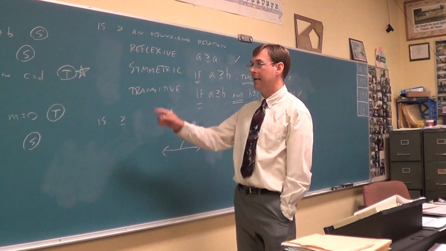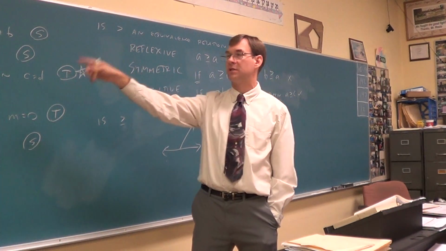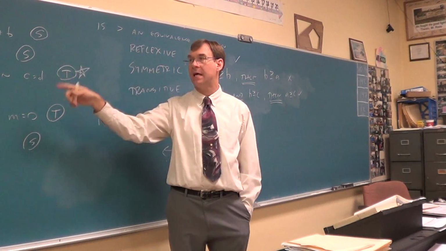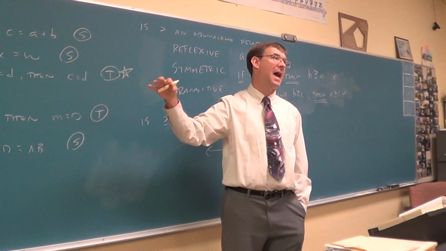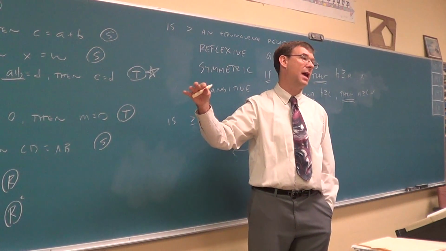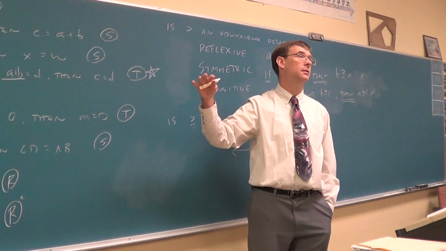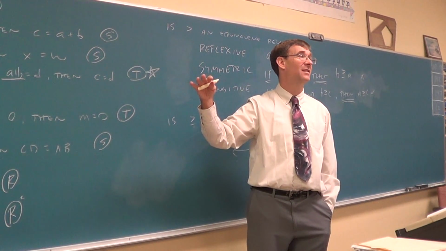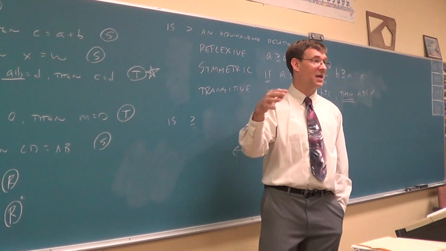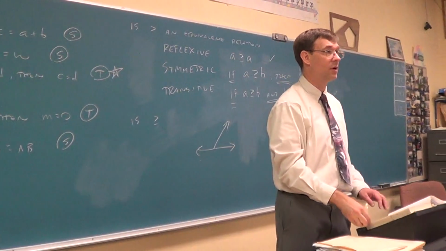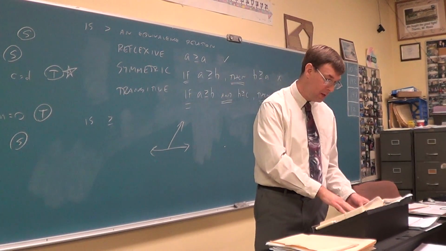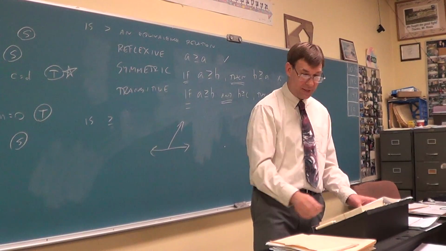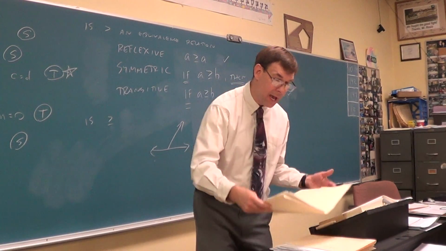If I start saying, this equals that, and this equals that, and this equals that, you need to start to feel out that that's what property. If I have this equaling that, and this equaling that all over the place, that's transitive. If a bunch of things all equal each other, that's going to be a transitive property. Like, we need to start to feel those things out over time.